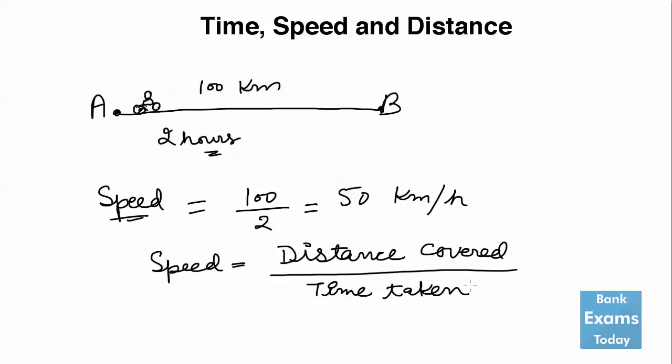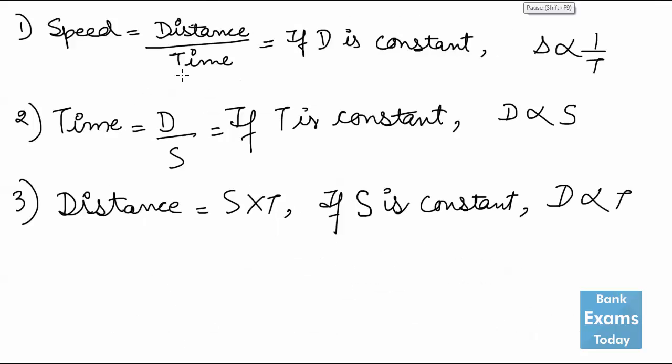You can also write it like time taken is equal to distance divided by speed. Or you can also write it as distance covered is equal to speed multiplied by time. So here are three derivations that you should know to solve the questions from this chapter.